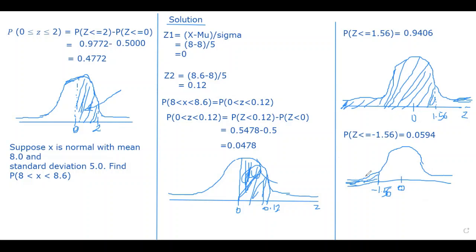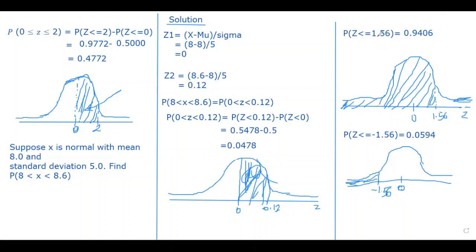So you see that the negative one is covering the smaller part, but the positive one is covering the biggest part. That's why we didn't get the same thing. But when you subtract the positive one from the number 1, you get the same as this.